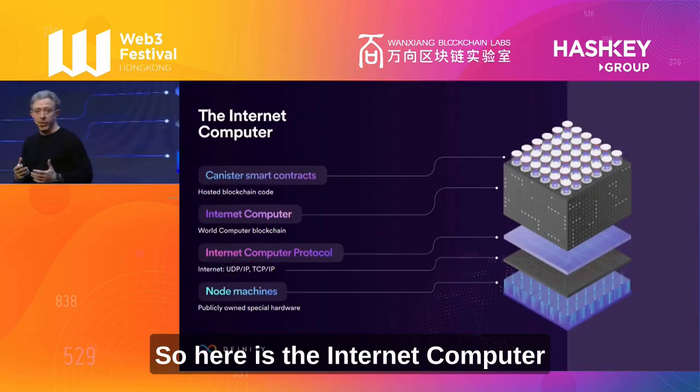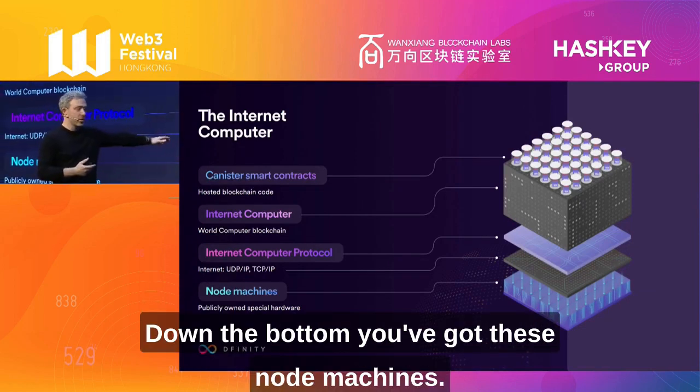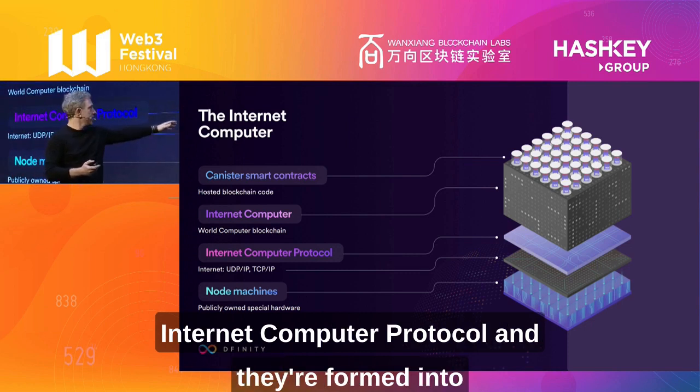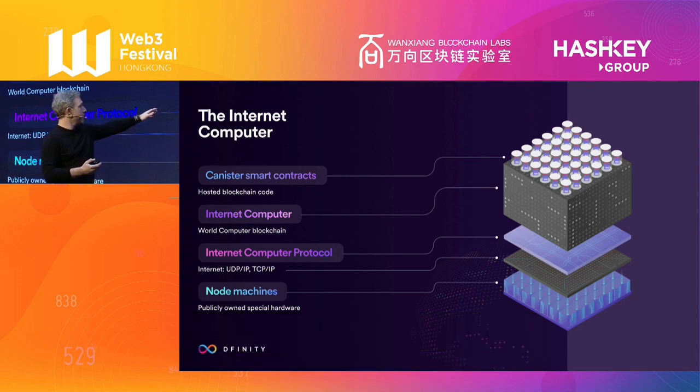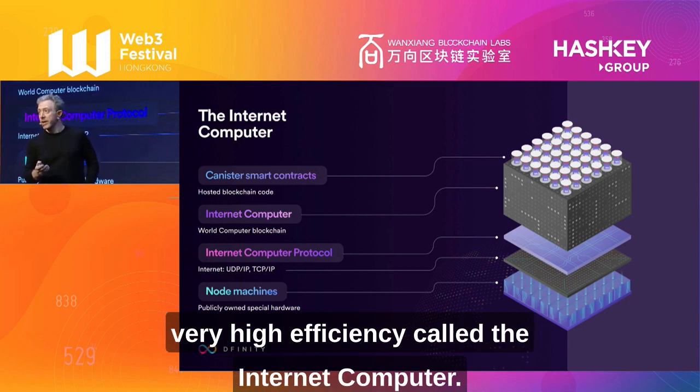So here is the Internet Computer, as a sort of schematic. Down the bottom, you've got these node machines that are combined by ICP, the Internet Computer Protocol, and they're formed into essentially an infinitely scalable blockchain with very, very high efficiency called the Internet Computer.